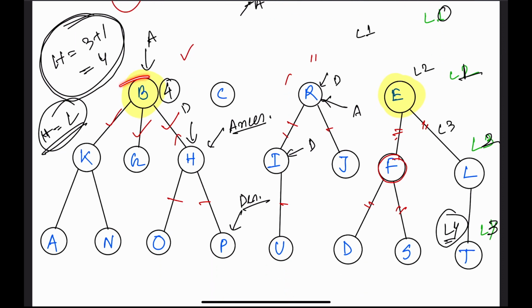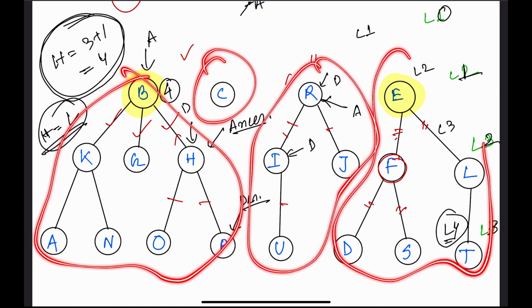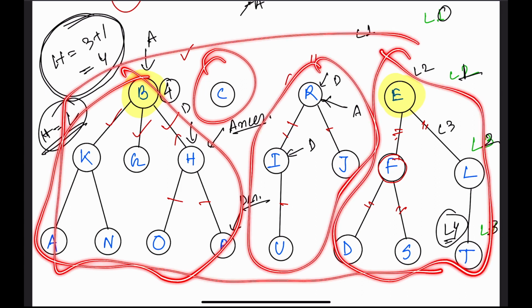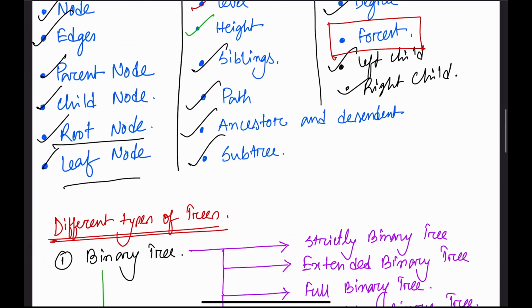This one, this one, and this one, all of them together we can call a forest. That means without the root node, all those things together are called a forest. I hope you are getting these basic things.